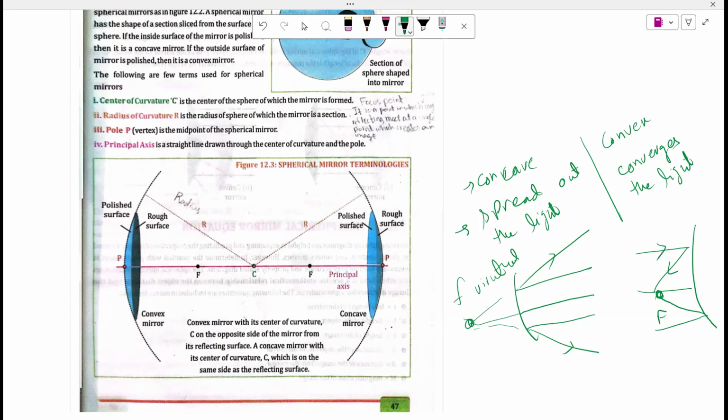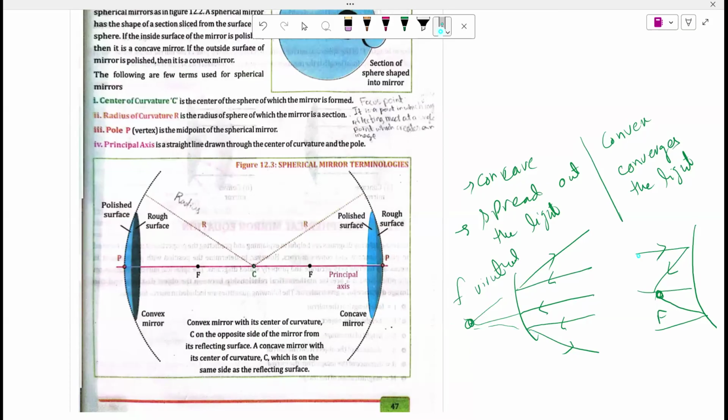These are incident rays. Whenever a ray passes through the center of the mirror, it goes undeflected. Okay? So these are the incident rays and these are the reflected rays. So after diverging, when we trace these back, they meet at a point which is known as the focal point.